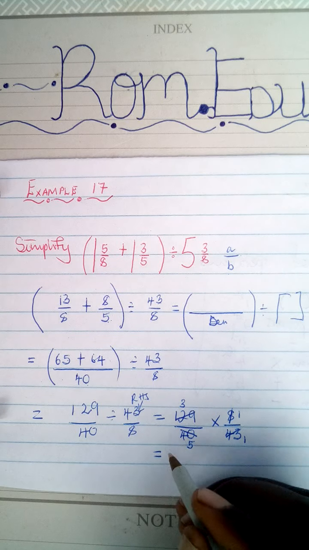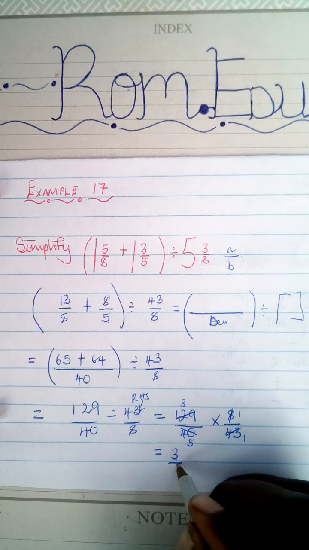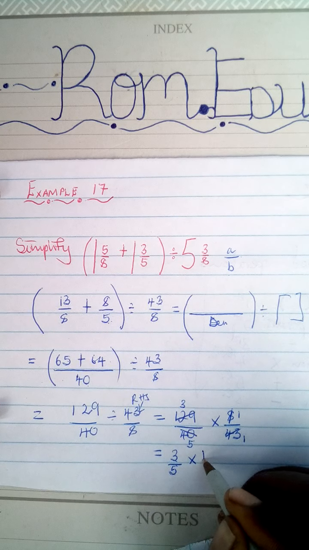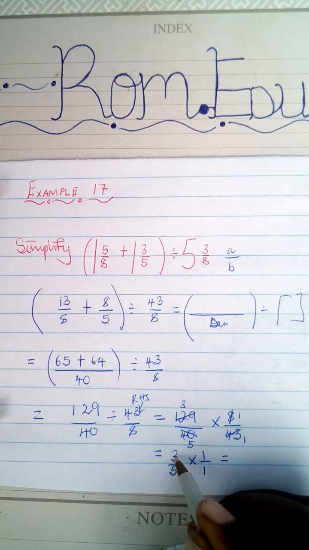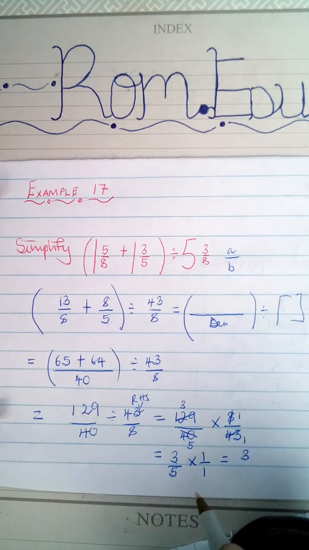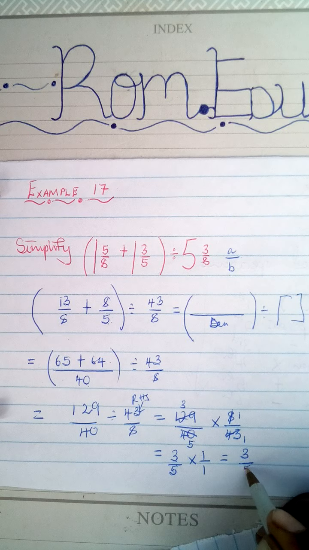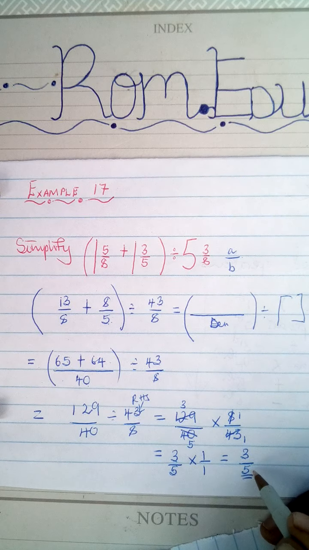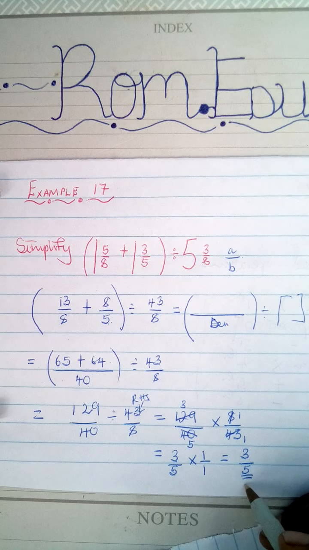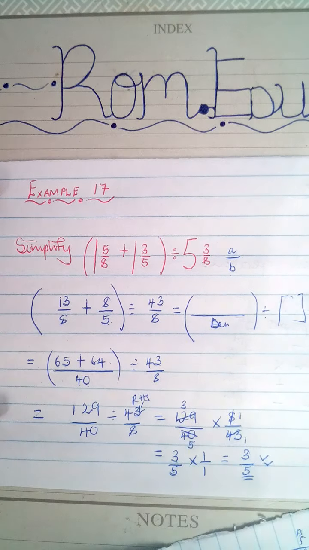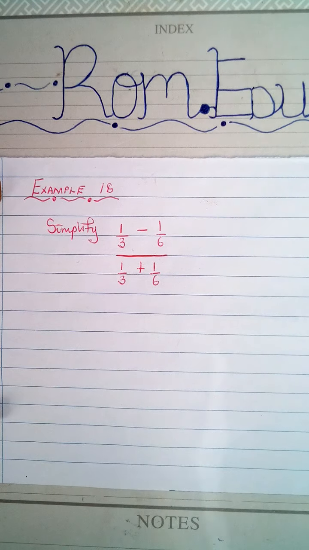Now what am I remaining with here? I have 3 over 5 being multiplied by 1 over 1. I multiply the numerators. 3 times 1, that's a 3. 5 times 1, that's a 5 there. Then I check my answer. Is it in the simplest form? Yes, only 1 goes into 3 and 5. So I'm done here.